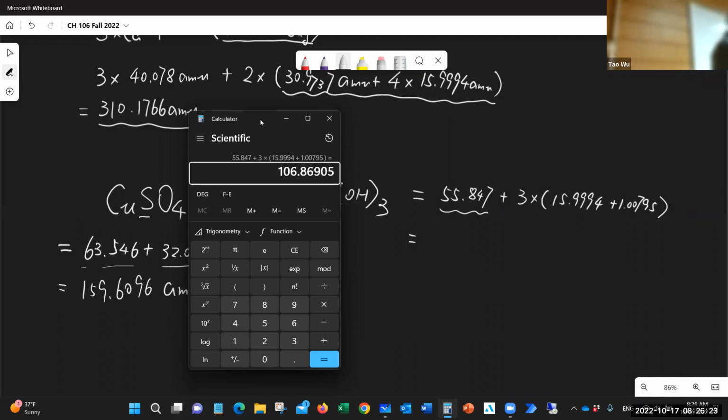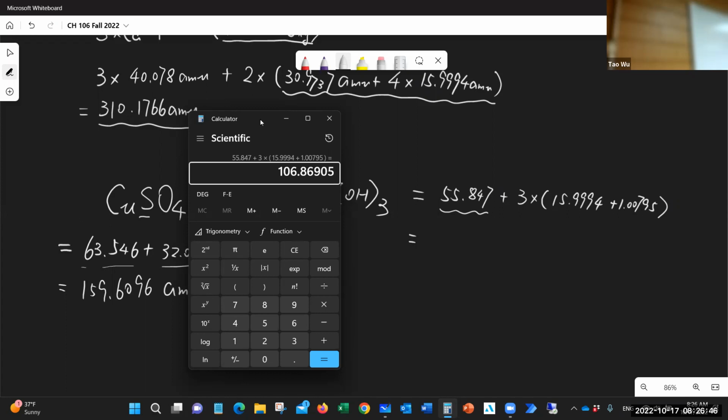Sorry, not the molar mass, the atomic mass on this periodic table may be different from the one on your periodic table. That's okay, a little bit of difference. That's fine, just because they have different rounding.